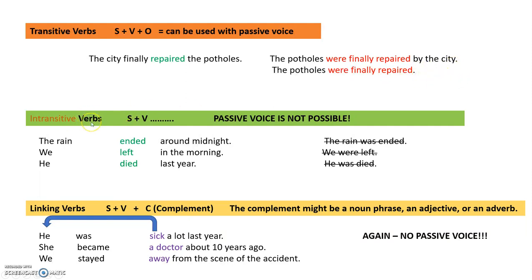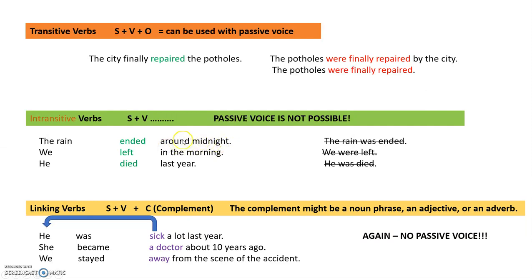An intransitive verb does not take an object after. So subject plus verb. You could have a sentence with just 2 words, just a subject and a verb. There might be other words too, but it's not an object. Passive voice is not possible. Here are some examples. The rain ended around midnight.